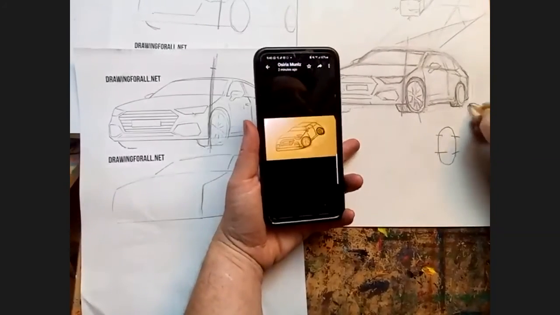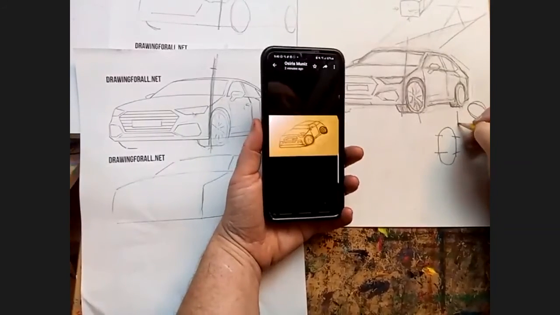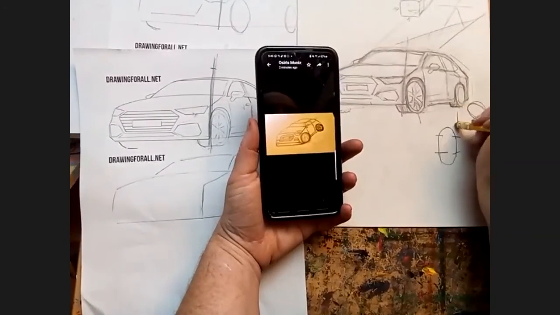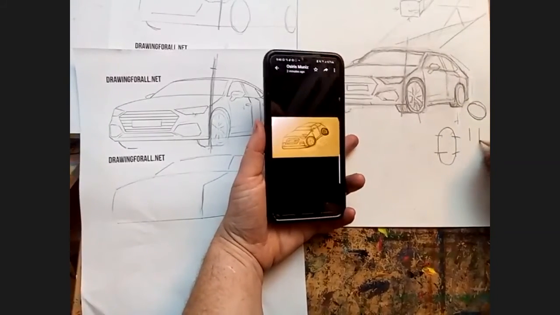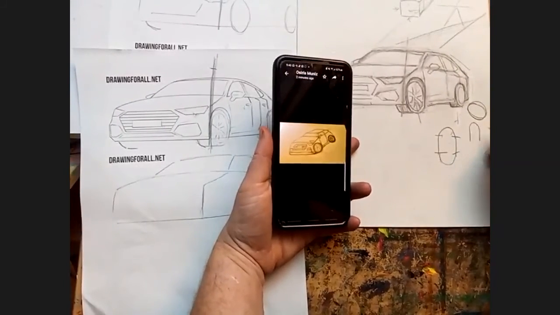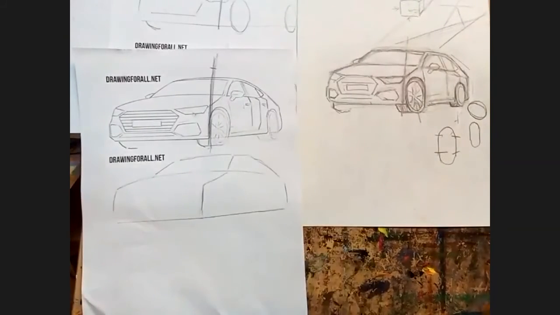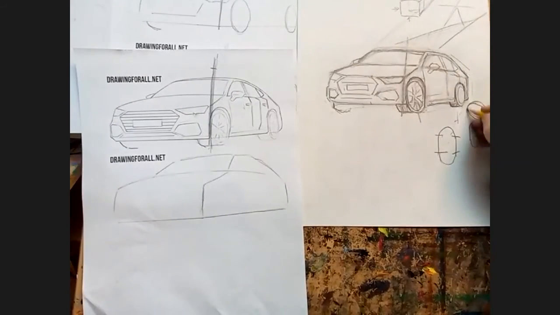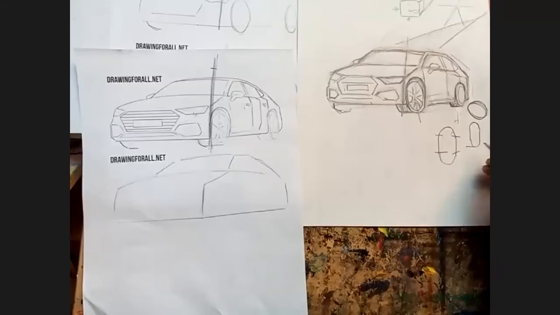But really, the back wheel is shaped like this. Straight on the sides, curved on the top and the bottom. Right? Yours looks a little like a football going this way. So that's how you get the back wheel. Then you can add this line and this line in under the bottom.